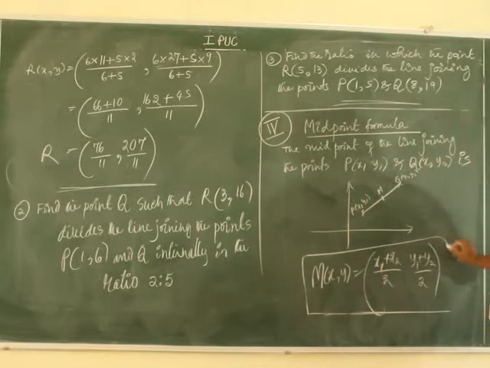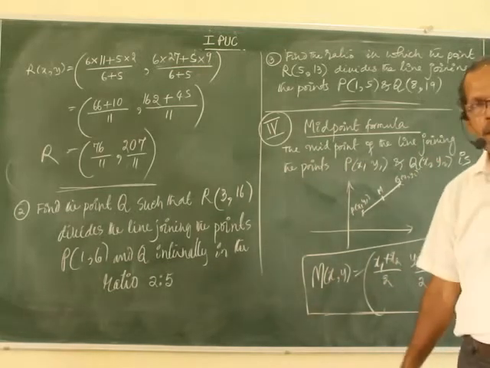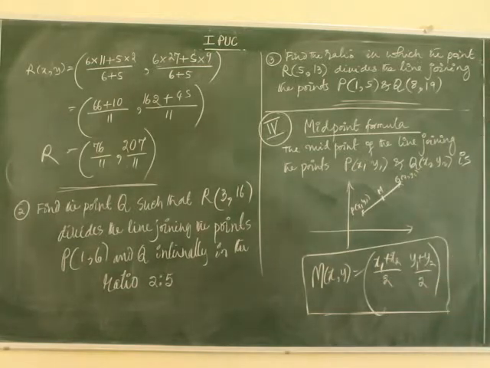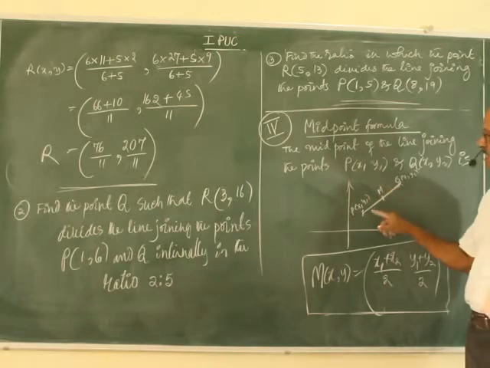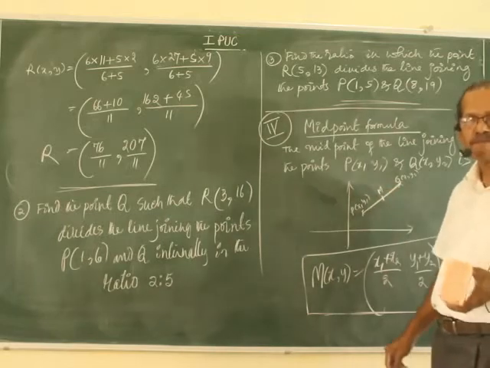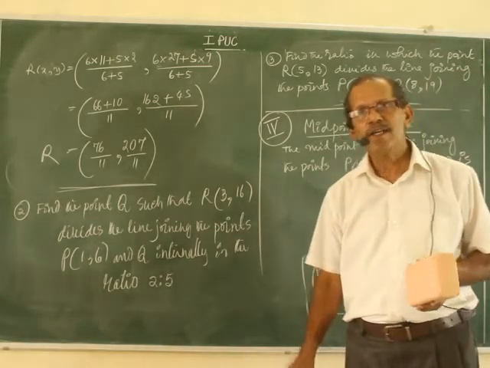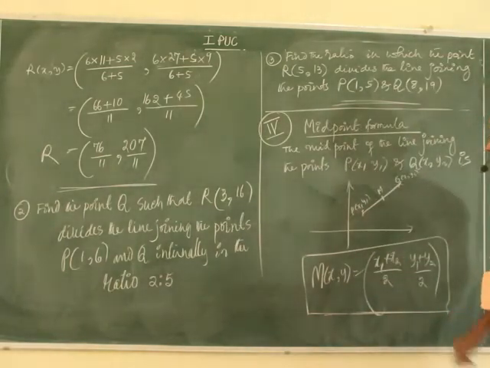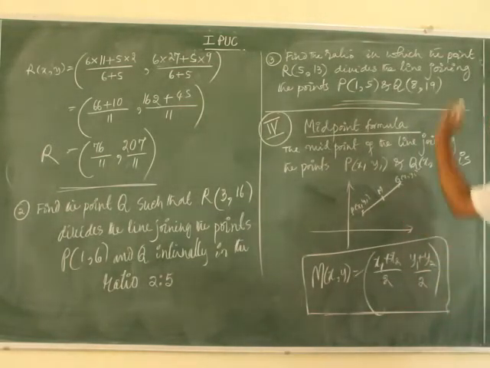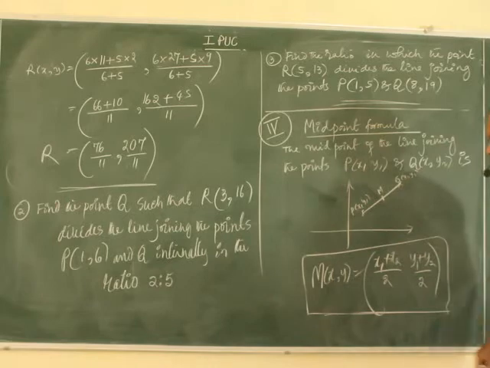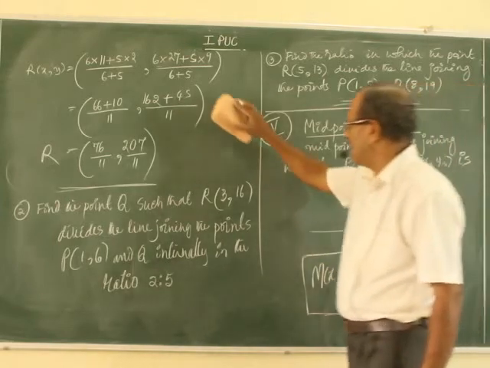It is actually a special case of the section formula, nothing else. In the section formula, m and n are different, but for the midpoint, the ratio will be equal, 1:1 or m:m. Same formula, section formula with m and n equal.